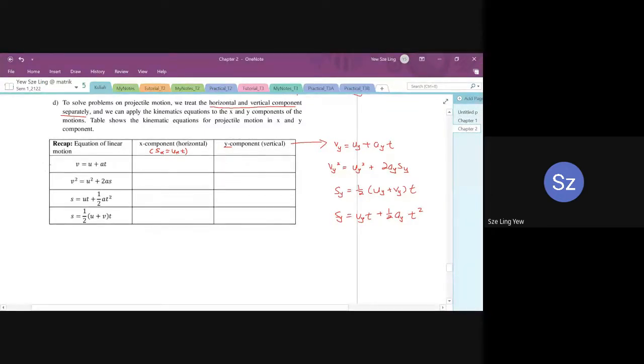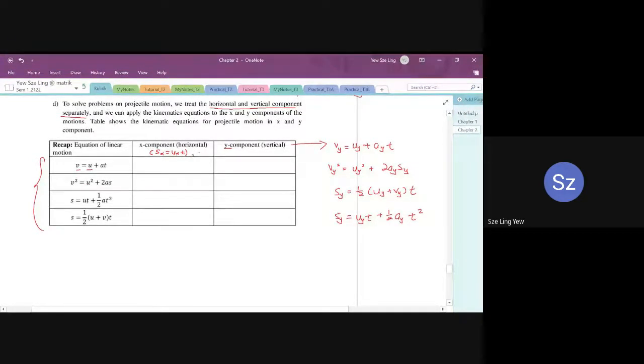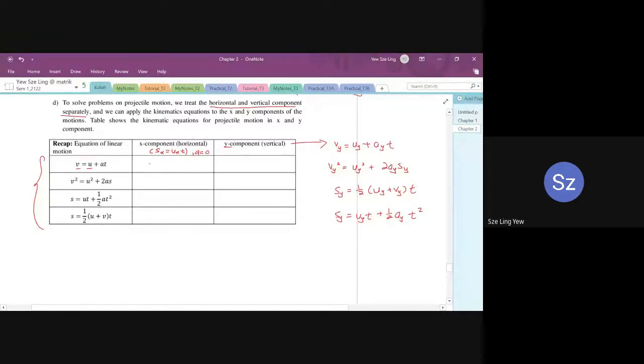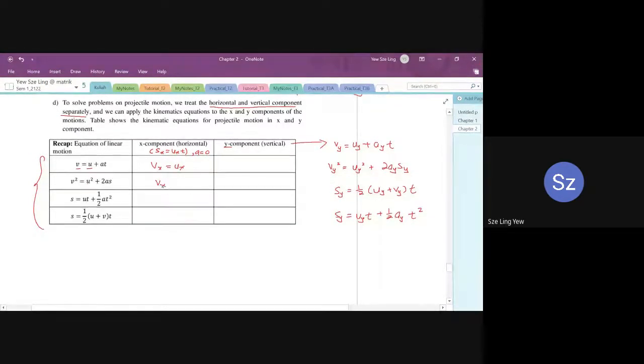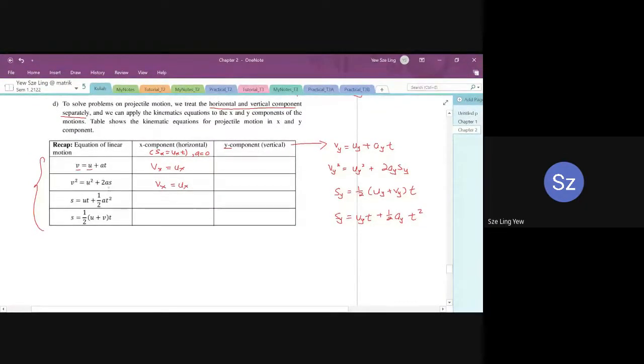Now, from these equations, it's simplified. Your a equals to 0. For the x component, a equals to 0. So you simplify the equations, you get vx equals to ux. The second equation is also vx equals to ux, because a equals to 0.